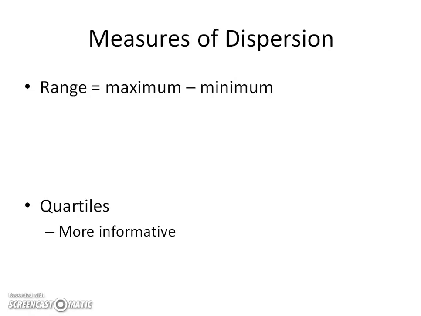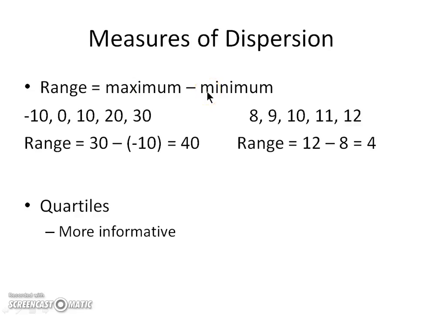As I mentioned just now, when we talk about dispersions, we're talking about range and quartiles. Let's start with range first. Range is very simple. It's just the maximum value minus the minimum. With the examples we talked about, the range for the first set is 40, and the range for the second set of data is 4.